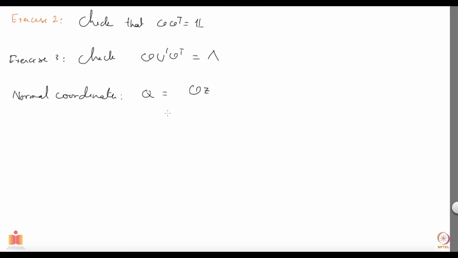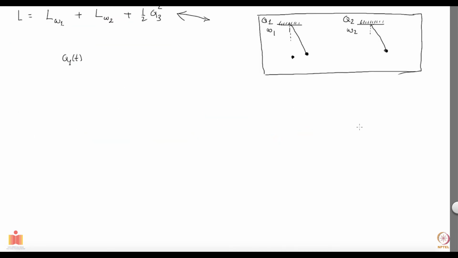And if you also recall, Z was obtained by multiplying a diagonal matrix, square root of M1, square root of M2, square root of M3, where M1 and M3 are small m and capital M is M2. This times x1, x2, x3. Okay, let's go back and check.